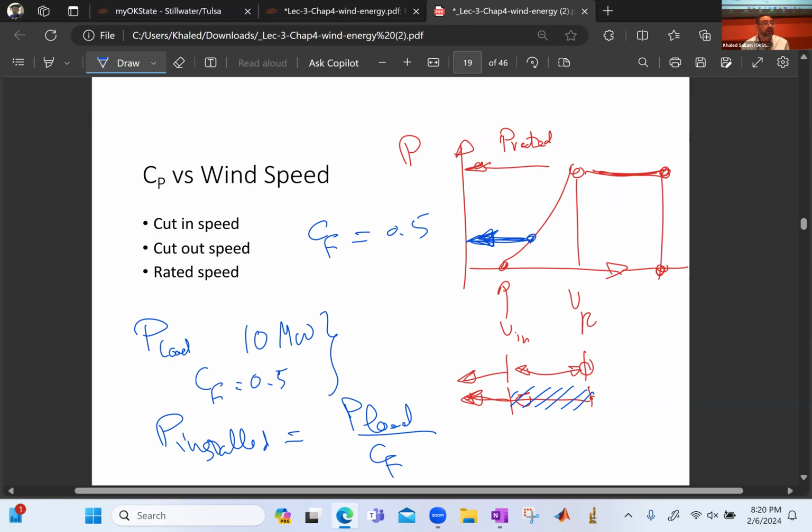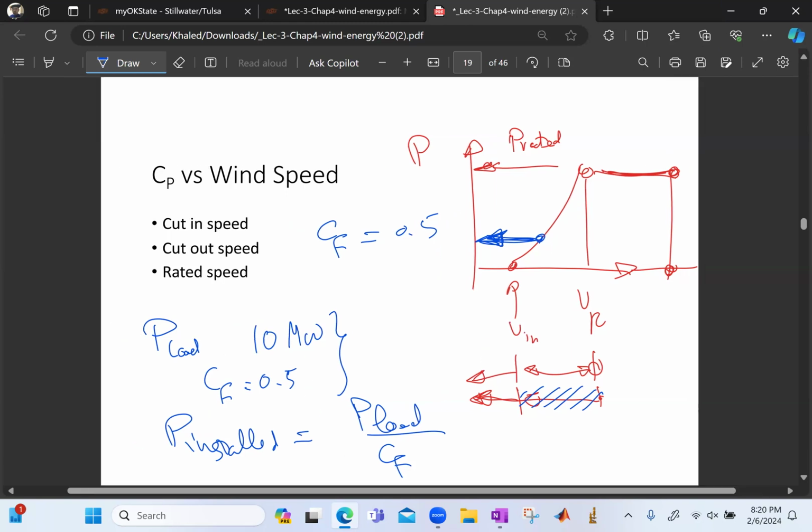That means each turbine you buy will only produce half of its rated power, right? So how much should I install if I want to guarantee 10 megawatt? The P load divided by the CF. That is P installed. That's what you will tell them we need to install.